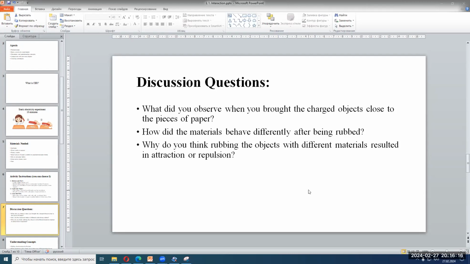The paper stuck to the charged object. This is what we observed, right? One pencil attracted the paper and the other did not. Yes.